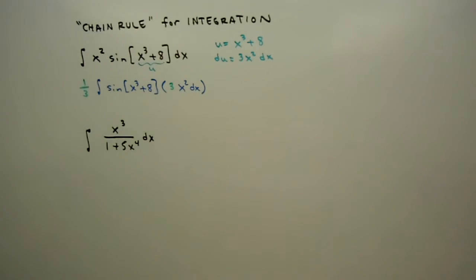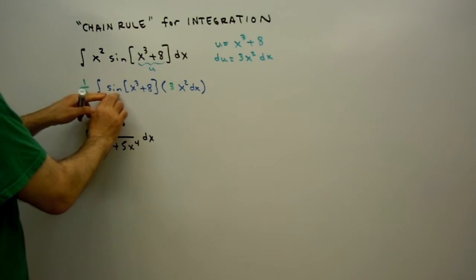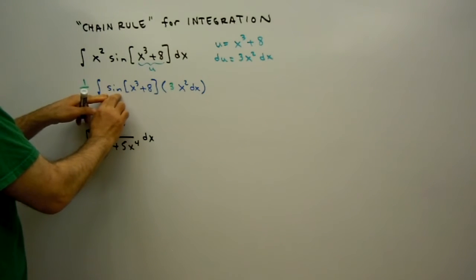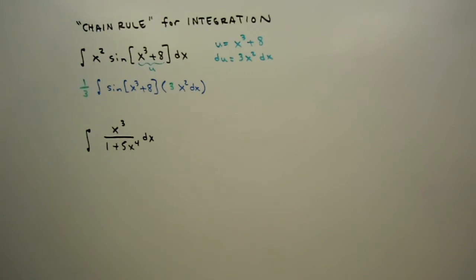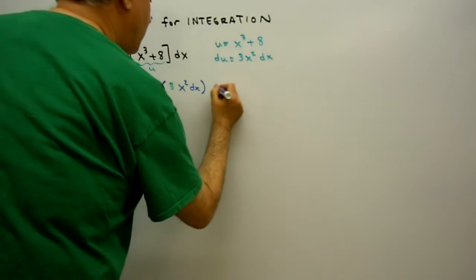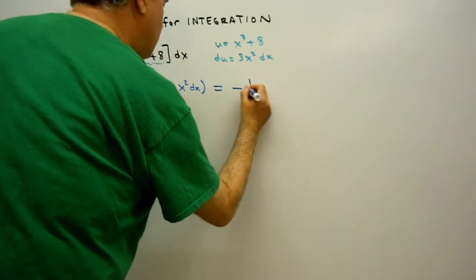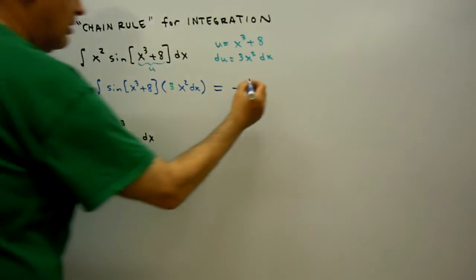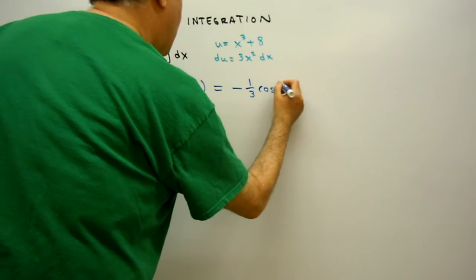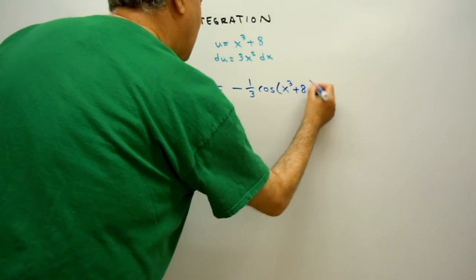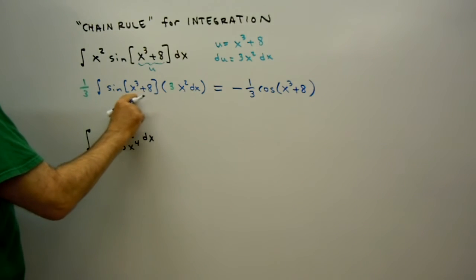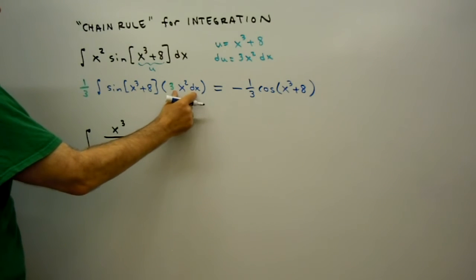Remember that we're doing the derivative in reverse. So the integral of sine, remember, is the opposite of cosine. So we have negative 1/3, 1/3 was there, cosine of x to the third plus 8. And remember that the proper derivative that would have been produced in the chain rule is there.